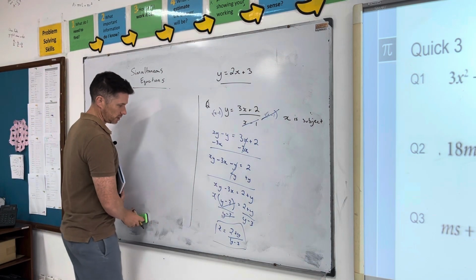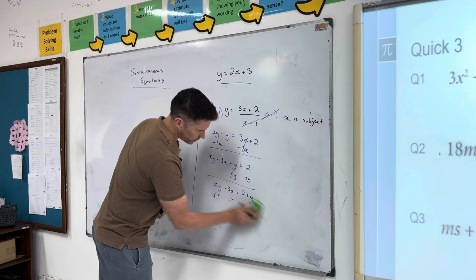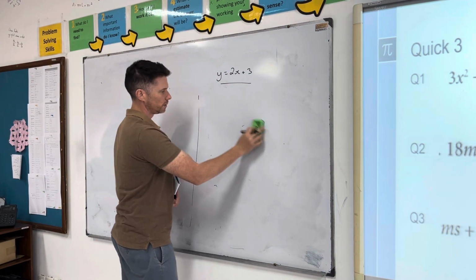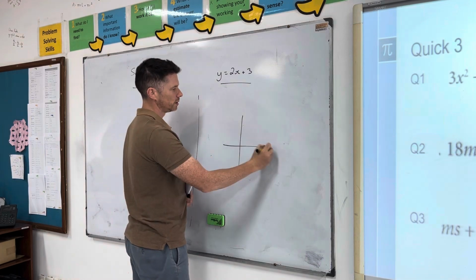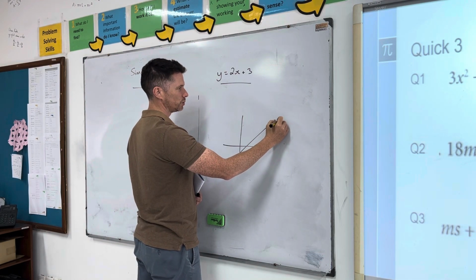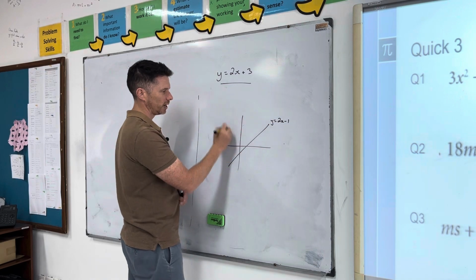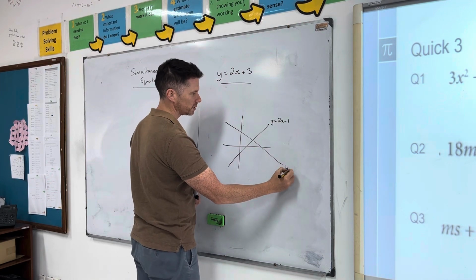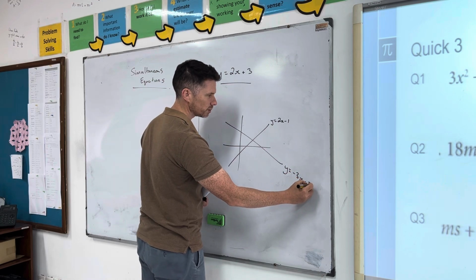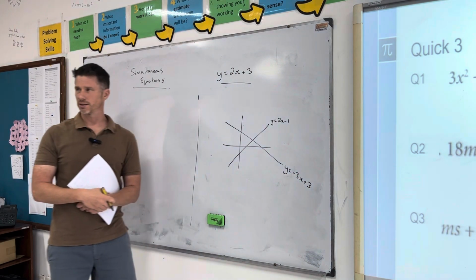So visually, you'll draw a line like this. That'll be line 1. That'll be y is equal to 2x minus 1 or something. And then line 2 will go like that. That'll be y is equal to probably something like minus 3x plus 3, something like that, where those two lines meet.